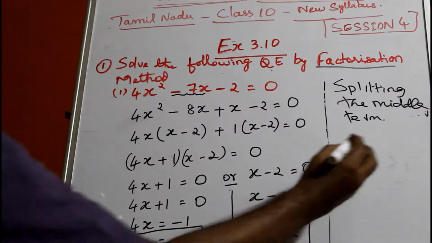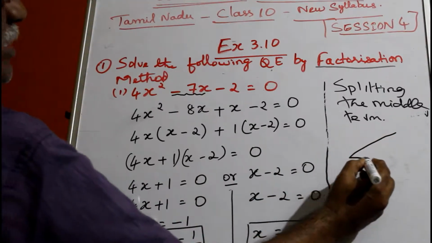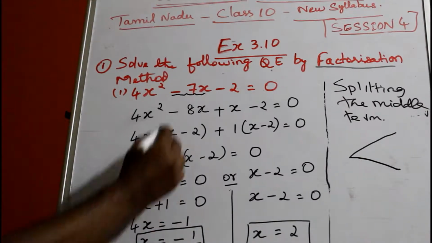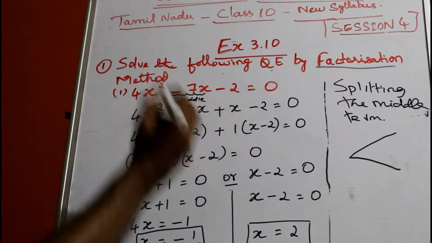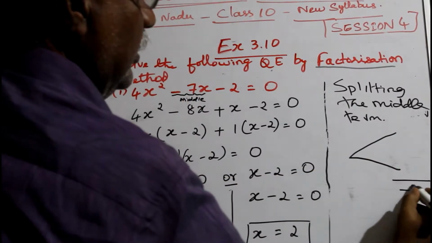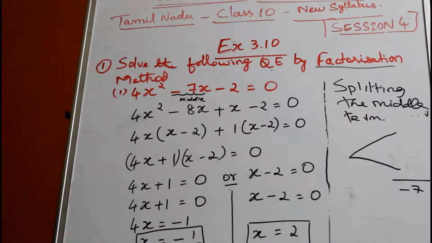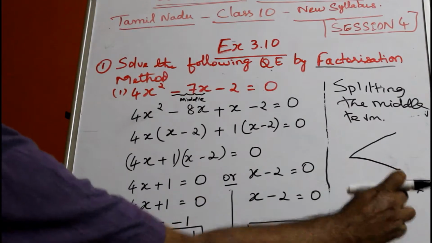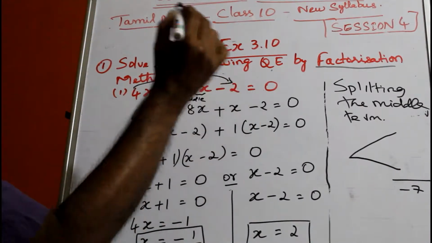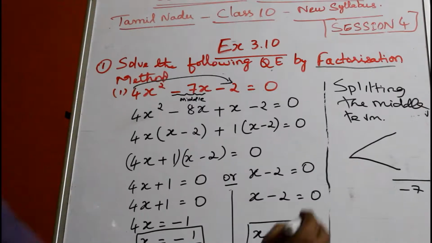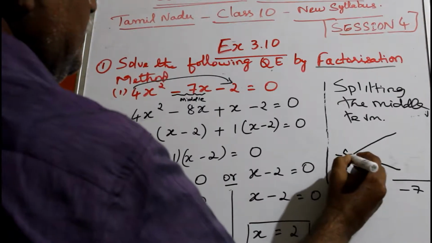So look here, you can put it like this, and this is the middle term. This minus 7 you write here. So you write the minus 7 here, and you multiply these two with the sign. 4 into minus 2 is minus 8.